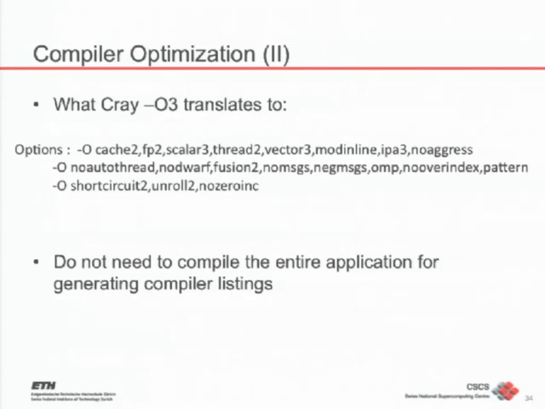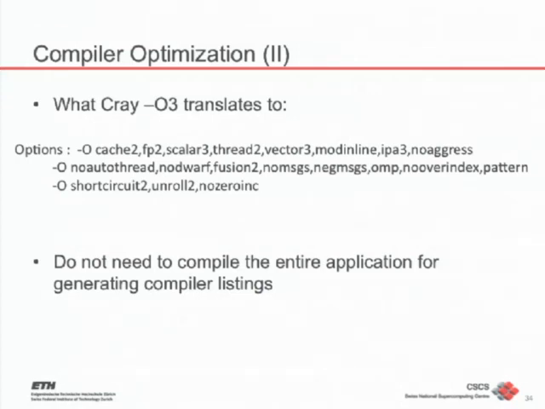It didn't stick too much to rounding errors, which for some people, the community around the optimizer says, no, we need you to get that down as low as possible, and that inhibits some optimizations. You don't need to compile the entire application to generate this listing.